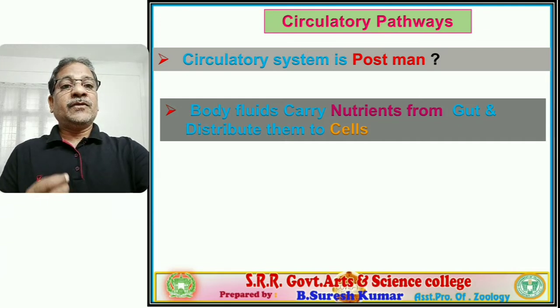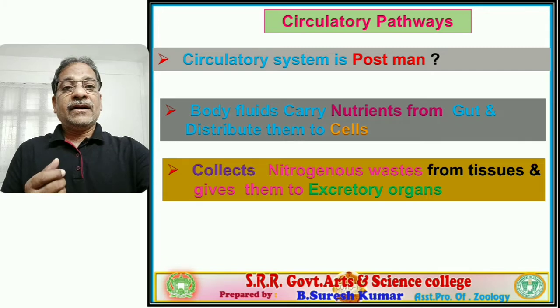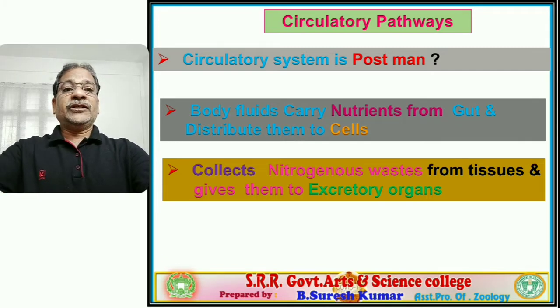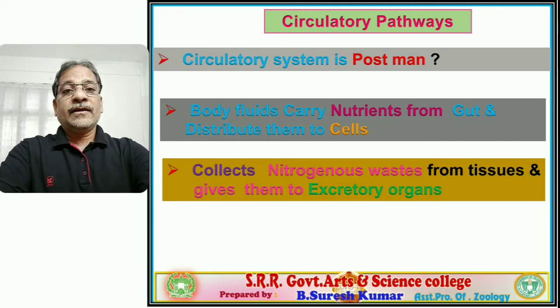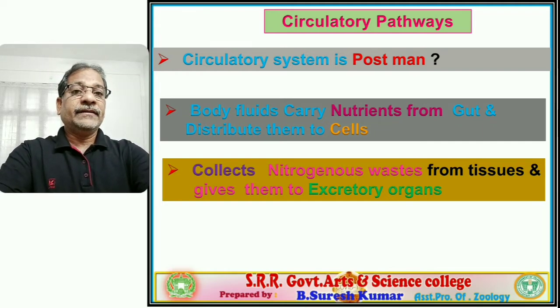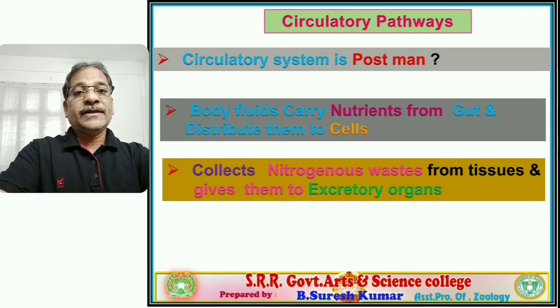It carries nutrients from the gut and distributes them to cells, and collects nitrogenous wastes from tissues and gives them to excretory organs. Due to metabolic activity, nitrogenous waste material is released into cells.